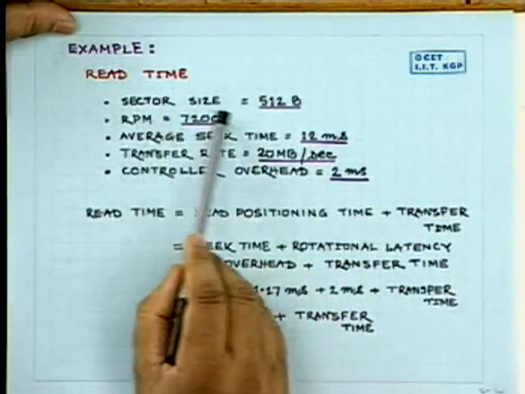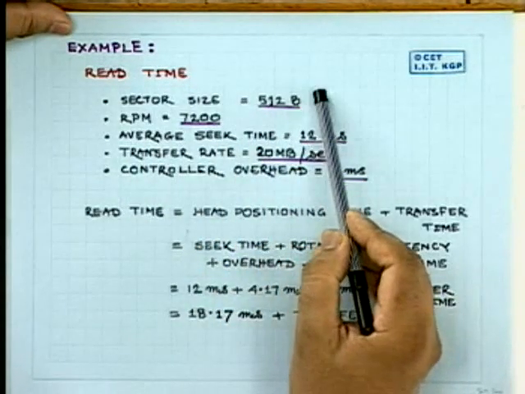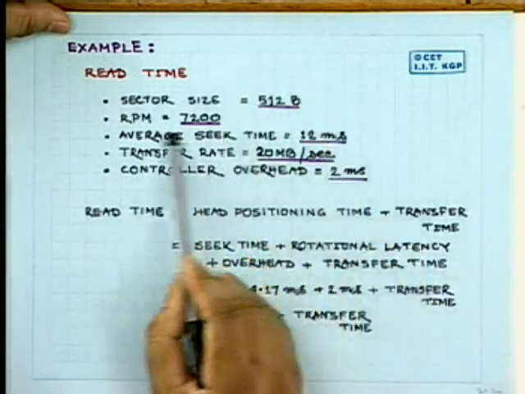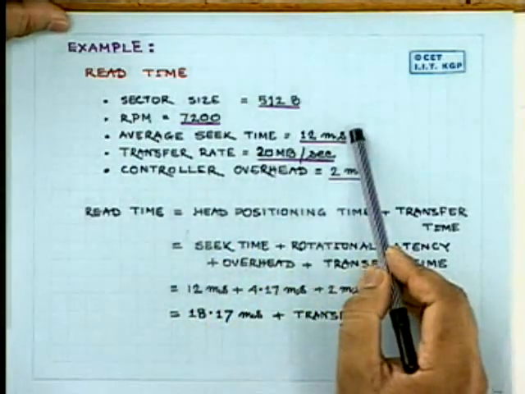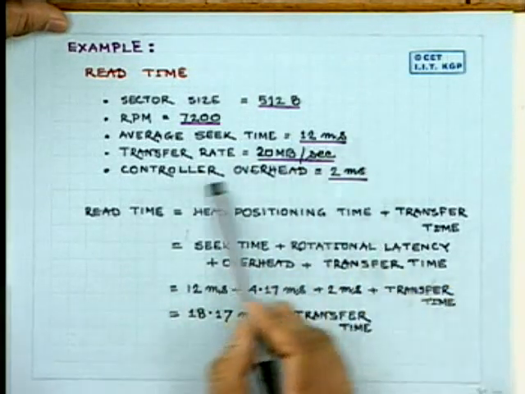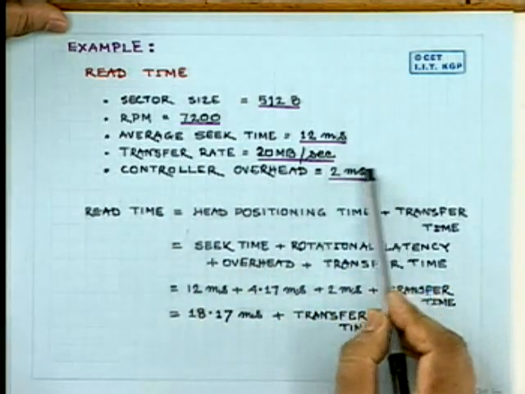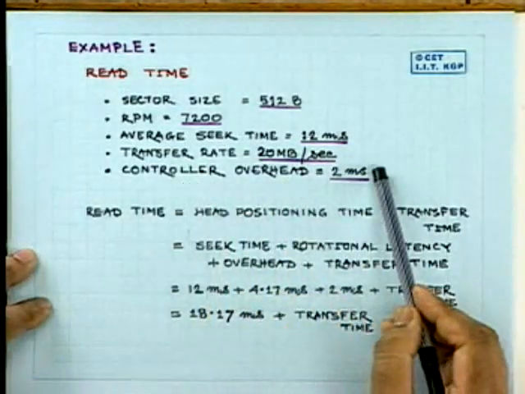The read time we have calculated, assuming that the sector size is 512 byte, rotation per minute is 7,200, average seek time is 12 millisecond, transfer rate assumed to be 20 megabit per second, and the controller overhead is 2 millisecond. This is an overhead of the controller to stabilize and start operation.